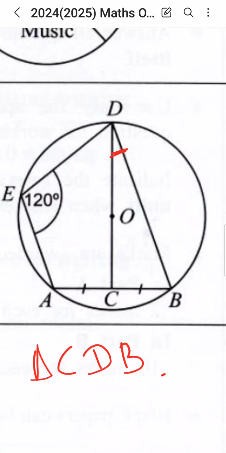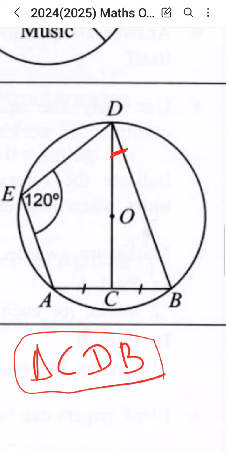So you take the triangle CDB. Shall we apply the theorems? First theorem: if this angle DEC is 120, the opposite angle for DEC is CBD. Why?